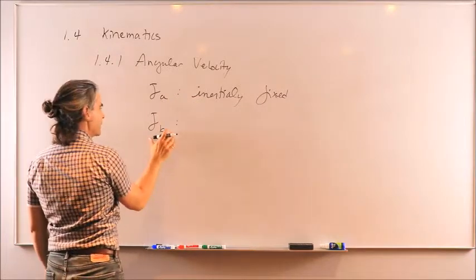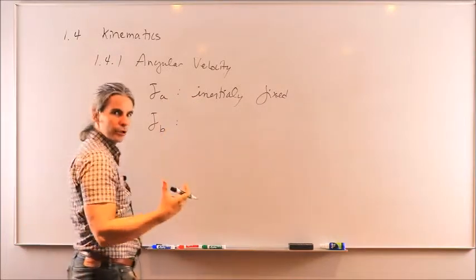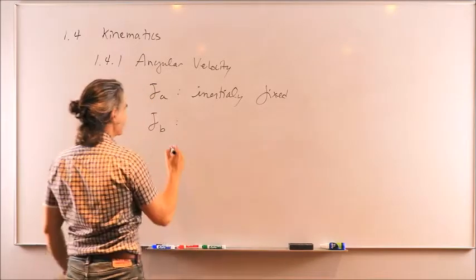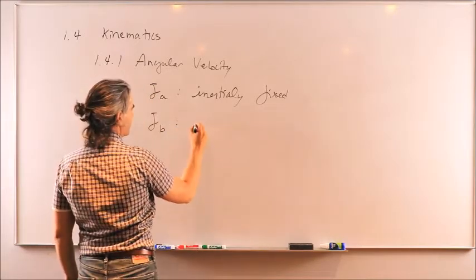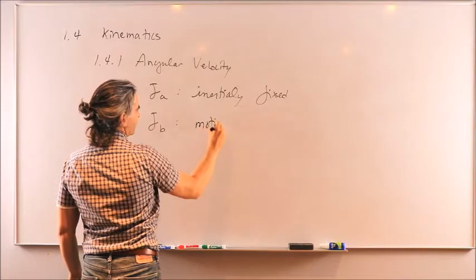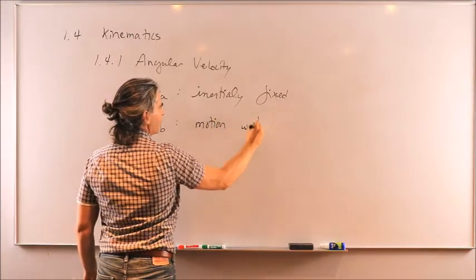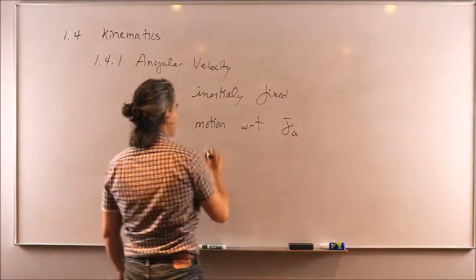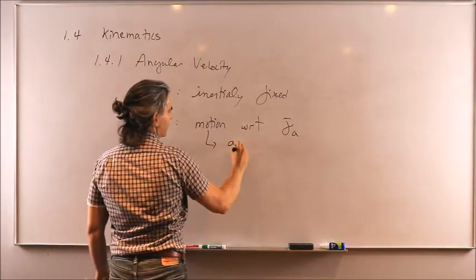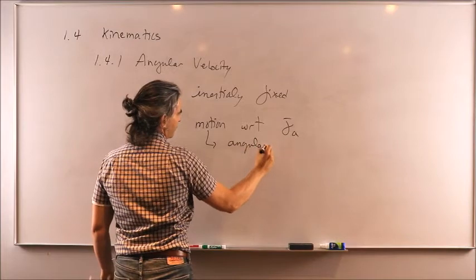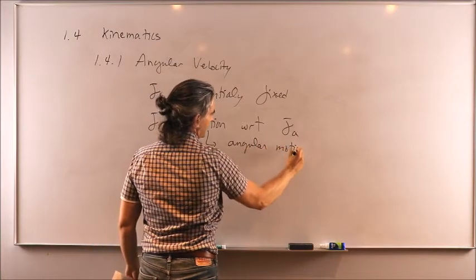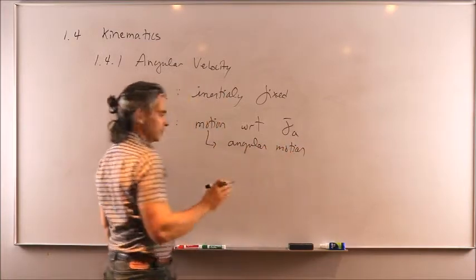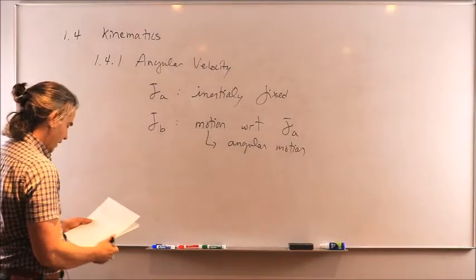And we're going to assume that that motion is an angular motion or rotational motion. We're going to say that reference frame B is in motion with respect to our fixed reference frame, which is A. And that motion is an angular motion. It's not translating, it's only rotating with respect to reference frame A.